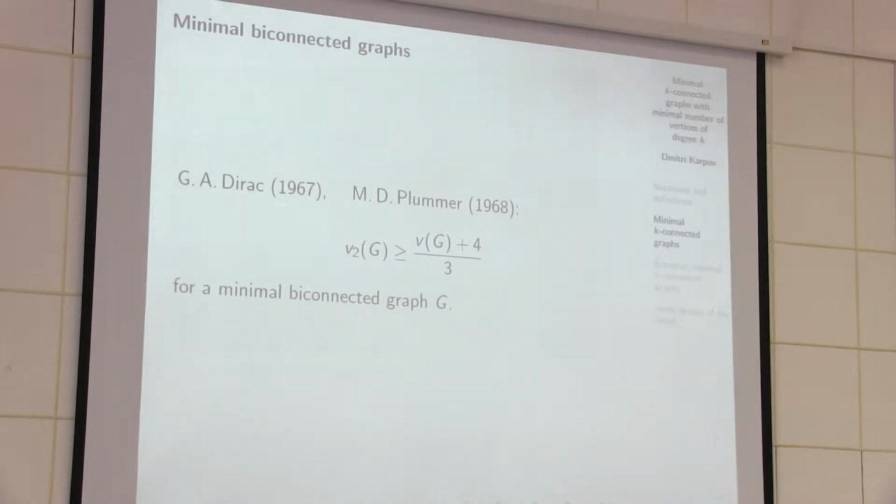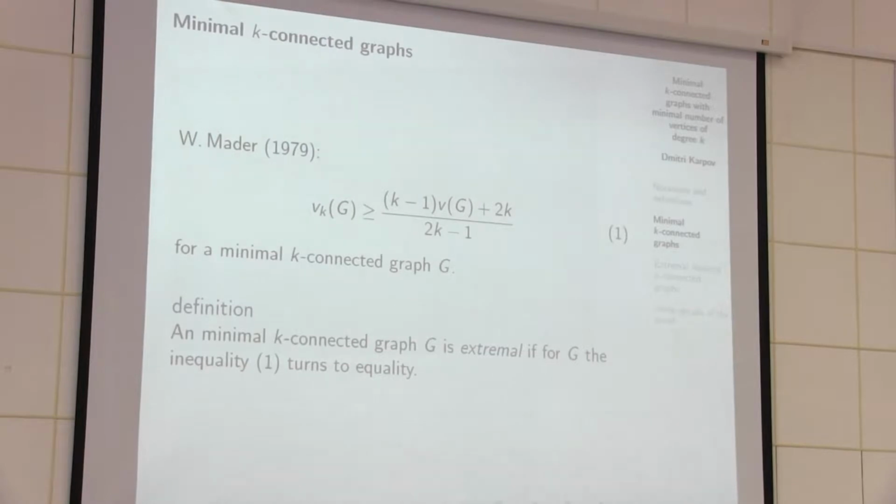In the 60s, Dirac and Plummer independently published two papers on minimal k-connected graphs. This inequality can be extracted from these papers. It is not formulated as a theorem there, but it is proved there. Several years ago, Gordon Butler, I think he is a classic in connectivity theory, proved a very strong result.